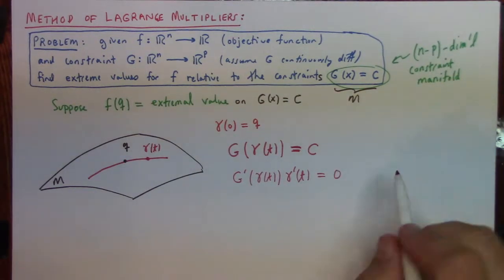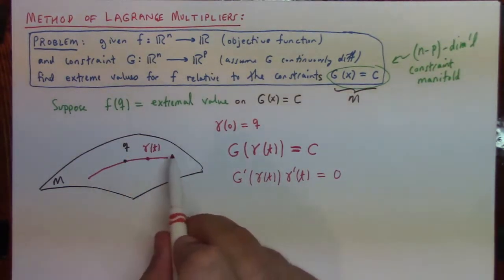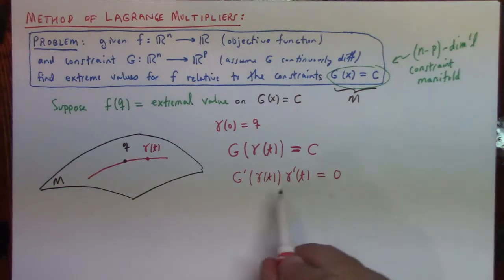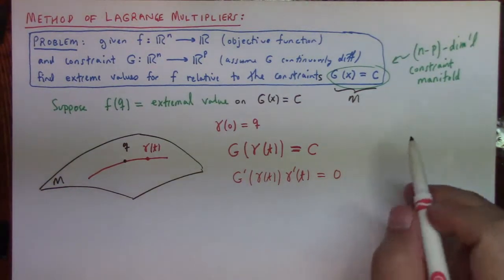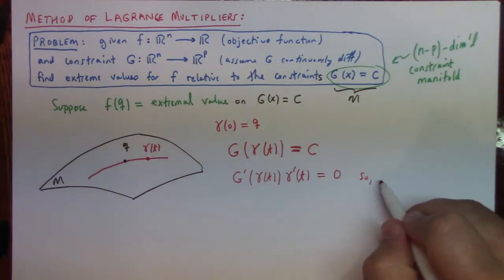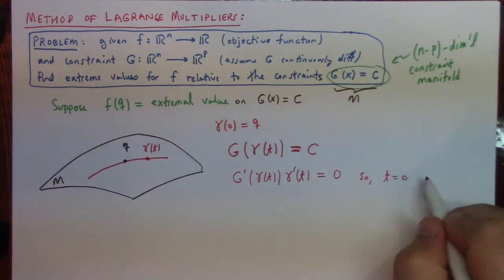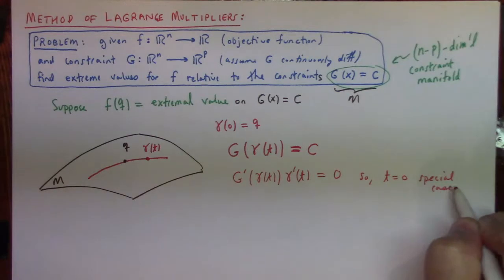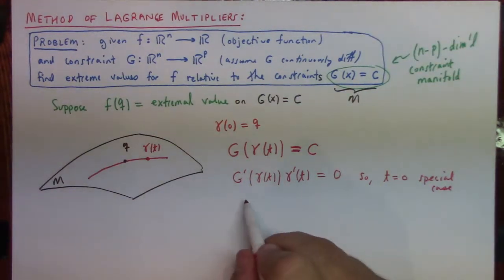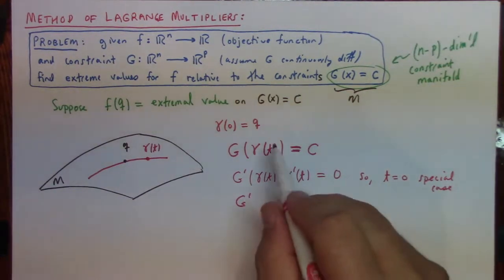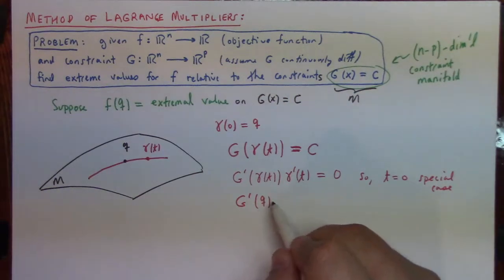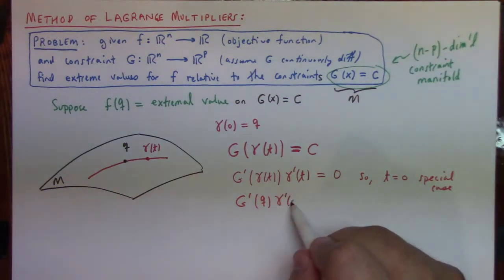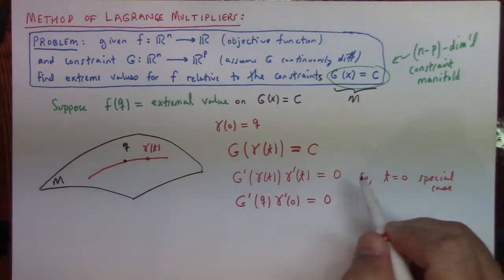In fact, that's true along the whole curve. In particular, if we plug in t equals 0, we get that g prime of q times gamma prime of 0 is equal to 0.